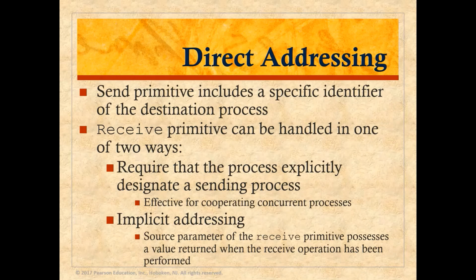Direct addressing is where we put the specific identifier of the destination process. So we make it explicit, designated to a sending process. Basically it's one-to-one communication, where we have the sender and also a receiver.